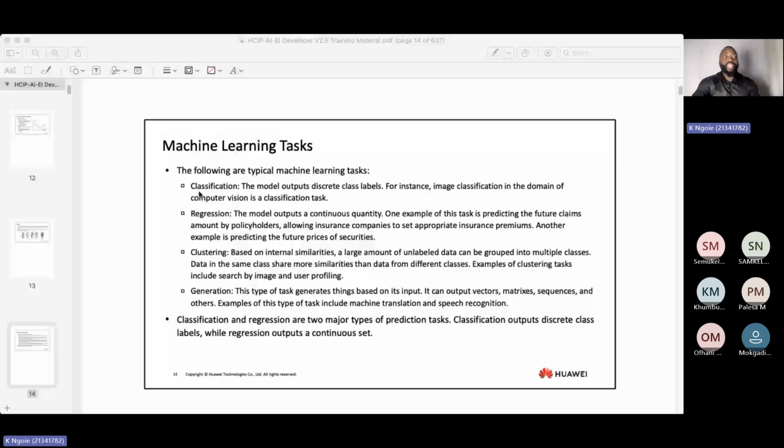But in clustering, we don't determine the features that we need. We let the machine look at the data and create certain groups based on the similarities of the data. So this is the system that is used by your Netflix, your YouTube. When you watch certain videos, they start suggesting the same type of videos because of that clustering.